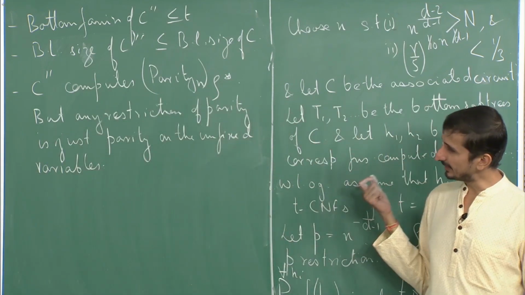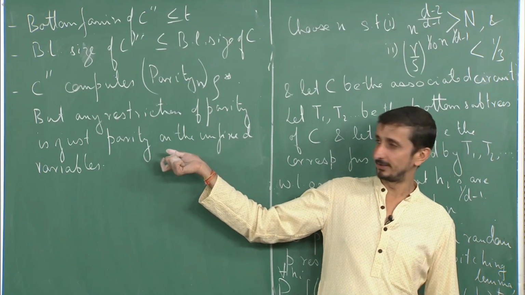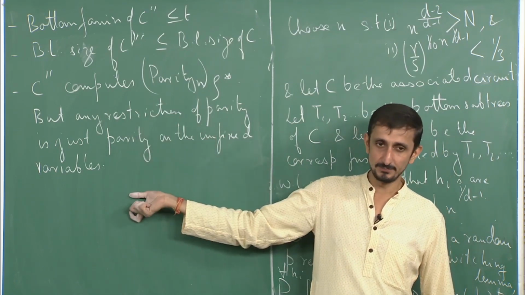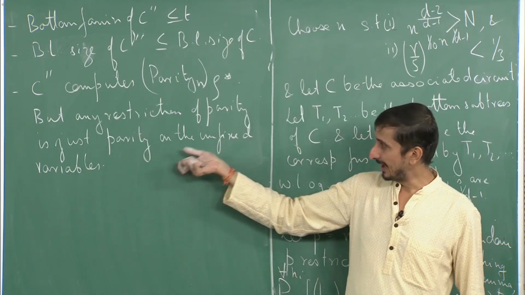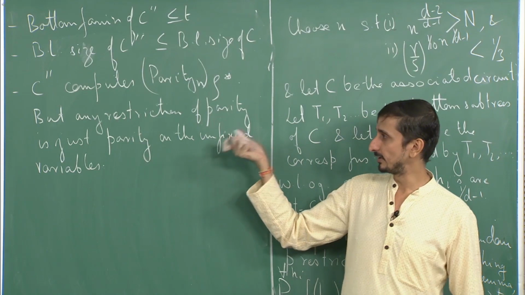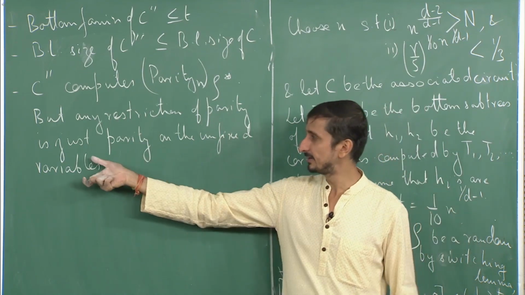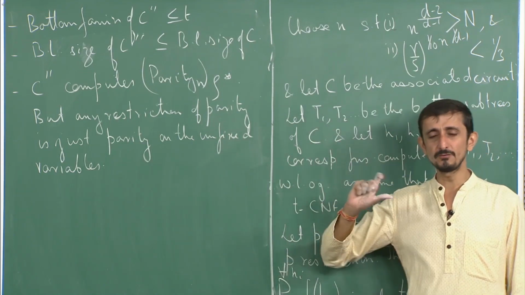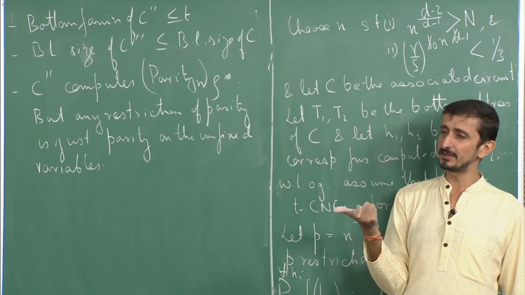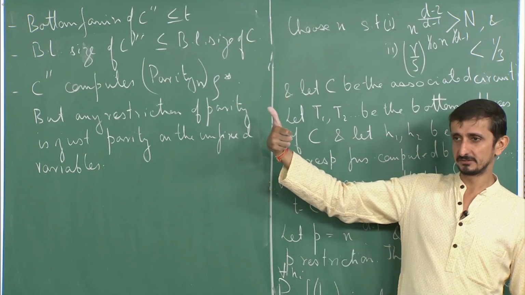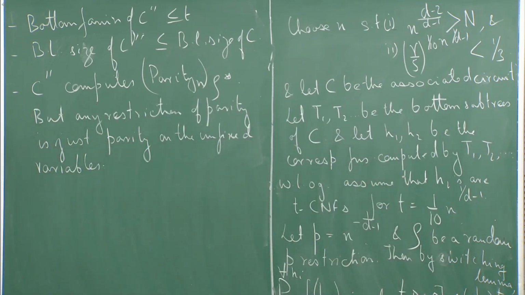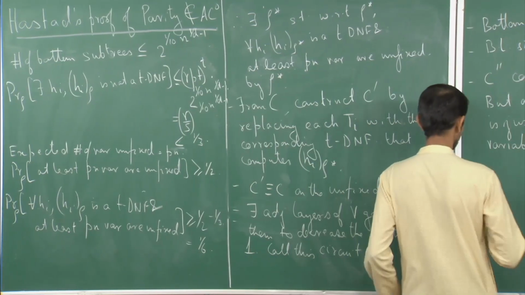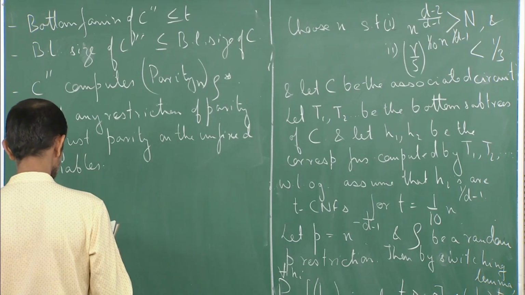Whatever variables are remaining unfixed by this restriction, any restriction of parity to those unfixed variables is just parity on those variables, because if I flip any of those unfixed variables, my parity value will change. How many variables remain unfixed? I have p n variables that remain unfixed.